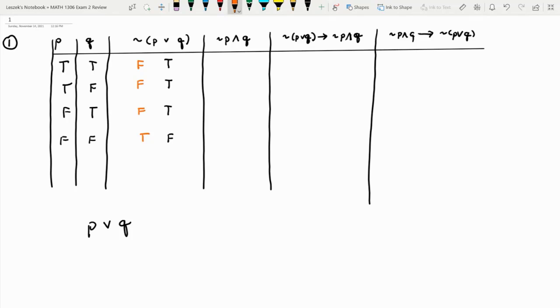Okay, so the next column is a conjunction, right? We have P and Q. So we know that conjunctions are true only when both of the propositions are true.